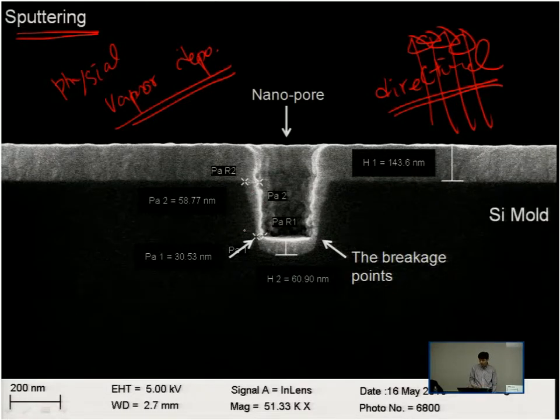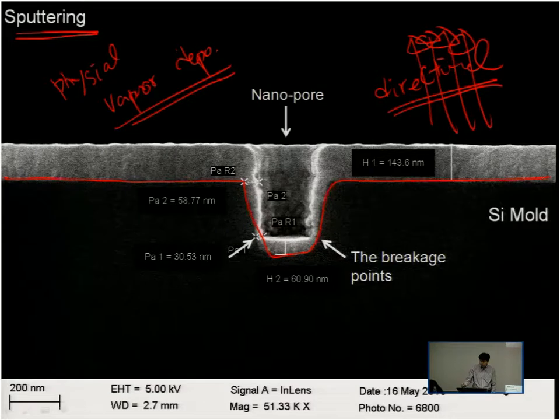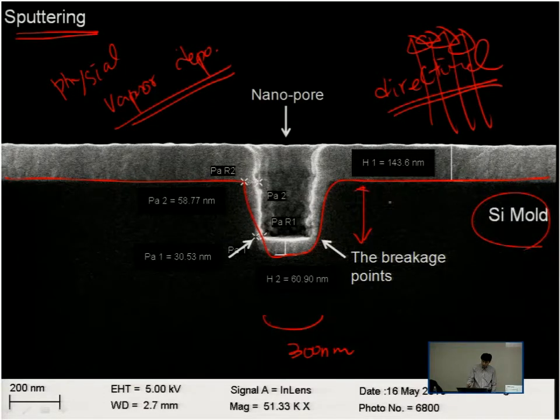This is a good example. This black structure is a silicon nano cavity formed on silicon. The cavity is about 300 nanometers in diameter and 300 nanometers in depth.